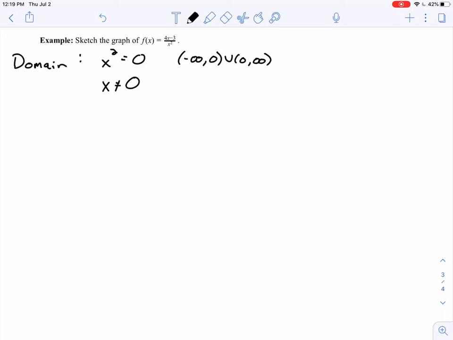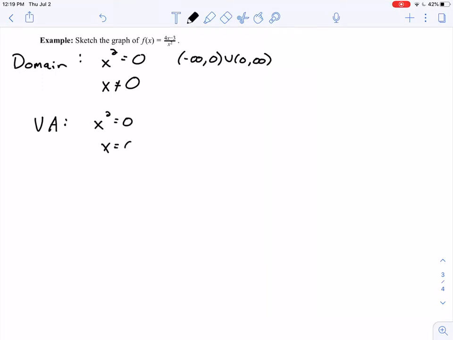So I would encourage you to factor as much as possible before you start to think about vertical asymptotes. Here in our case, we can't factor this any further, so we're just stuck with it as it is. For vertical asymptotes, we take that denominator, any factors that are left over after we cancel common factors in our numerator and our denominator, and set it equal to 0.